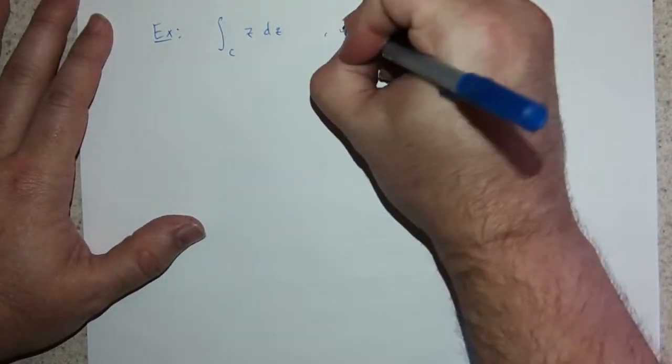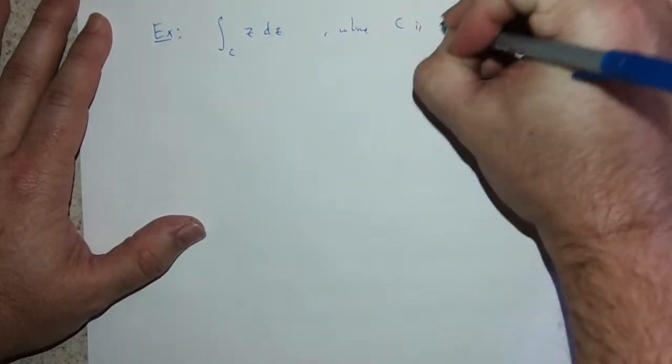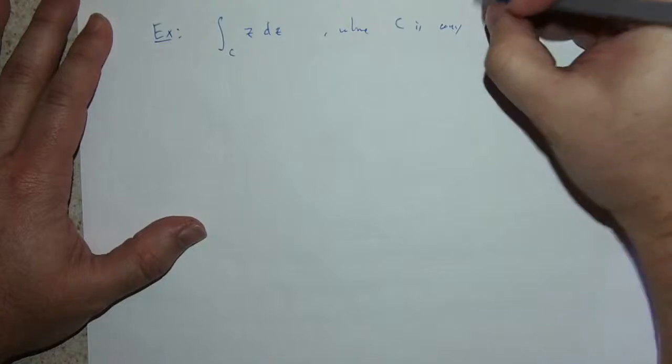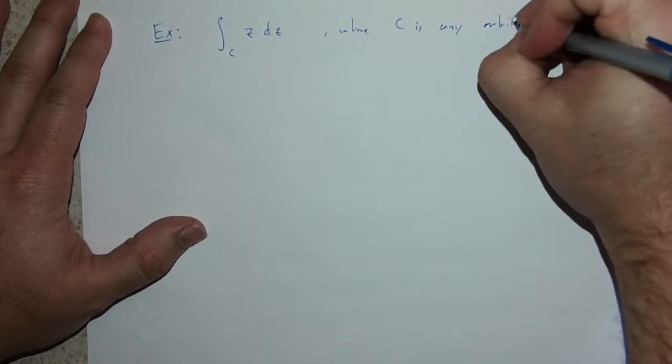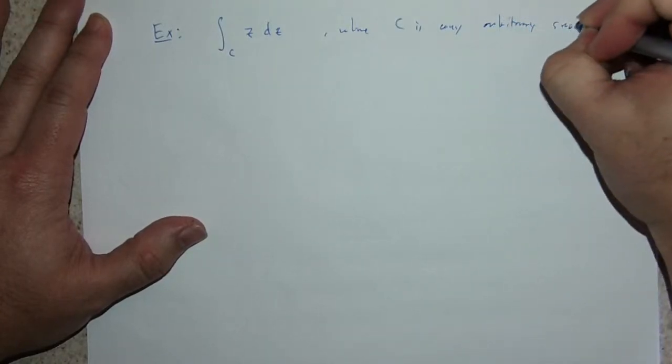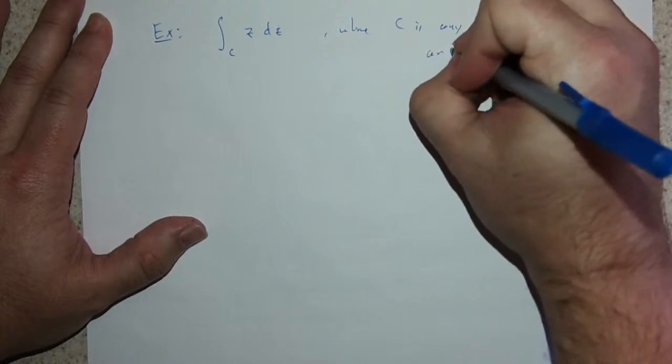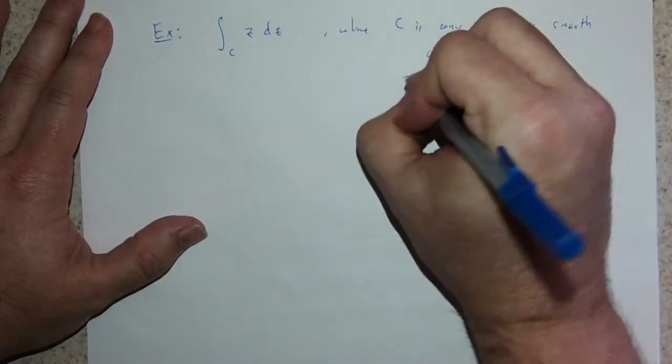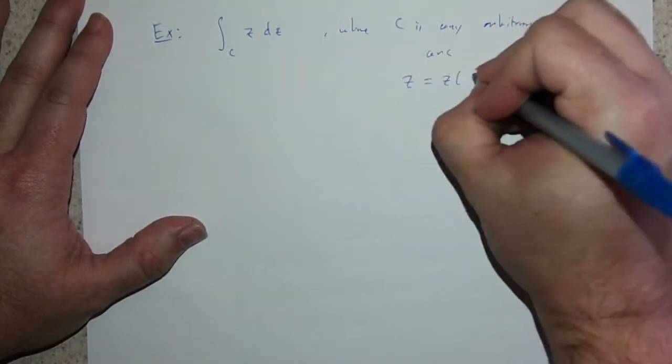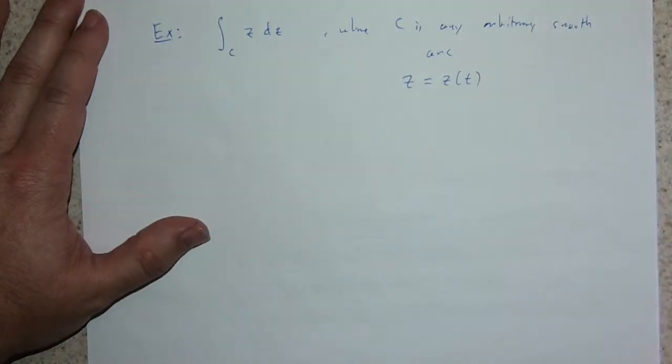Consider the case of attempting to compute the contour integral along C of z dz, where C is any arbitrary smooth arc that we'll describe in the usual notation.